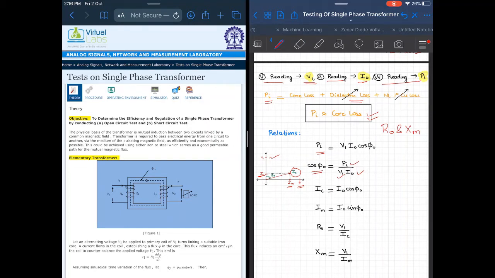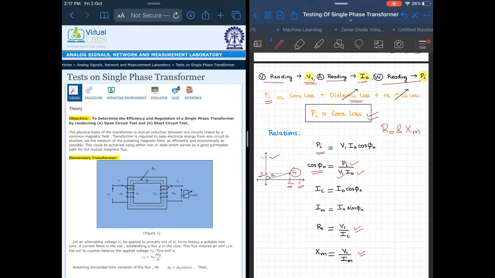So from this figure also we can say that IC is equal to I naught cos phi naught and IM is equal to I naught sin phi naught. Then R naught is nothing but V1 upon IC and XM is nothing but V1 upon IM. Thus we have obtained the shunt branch parameters.